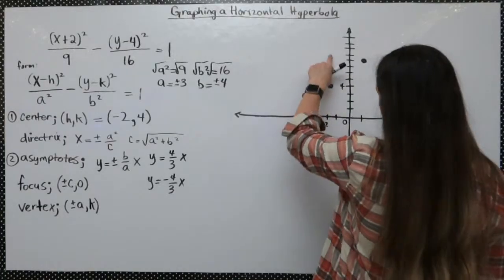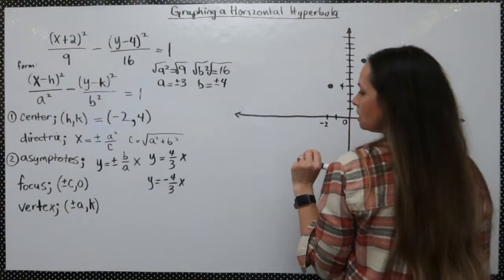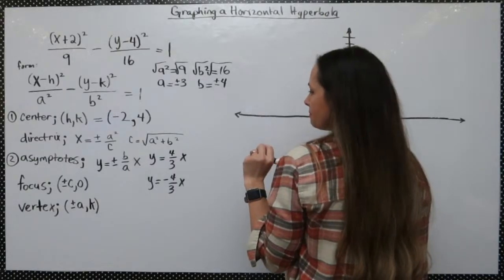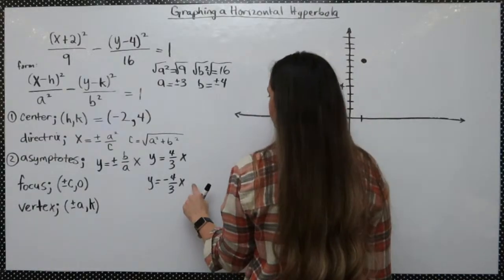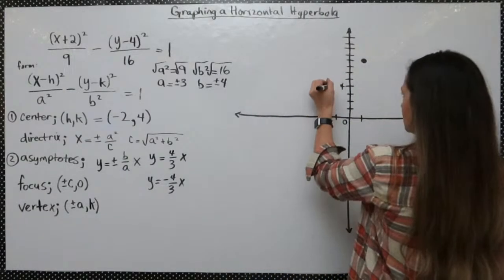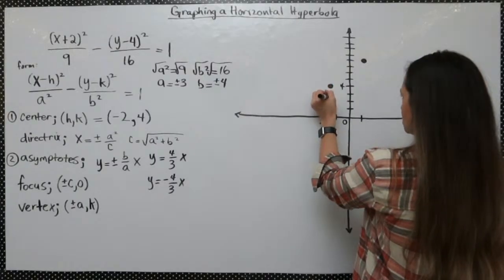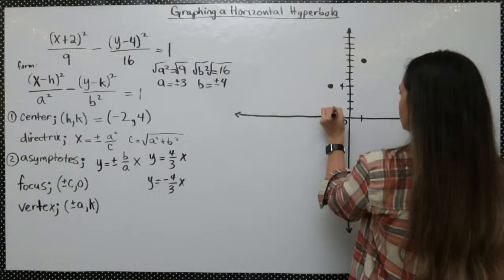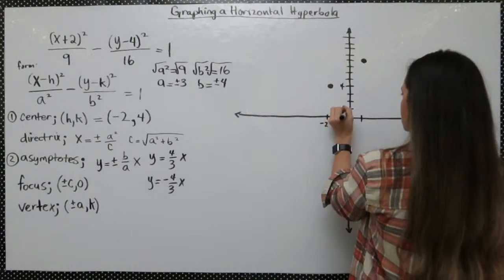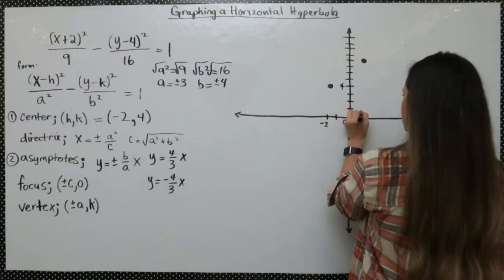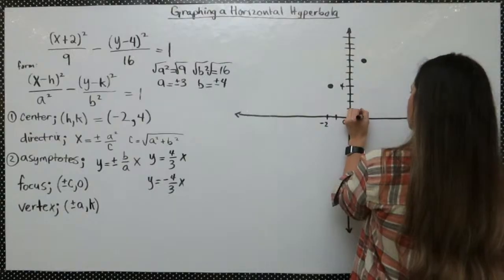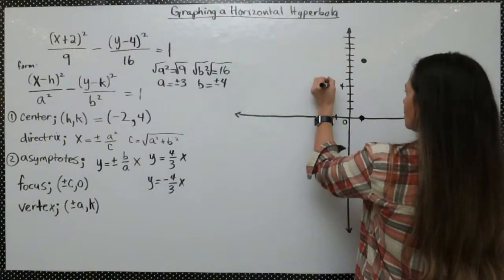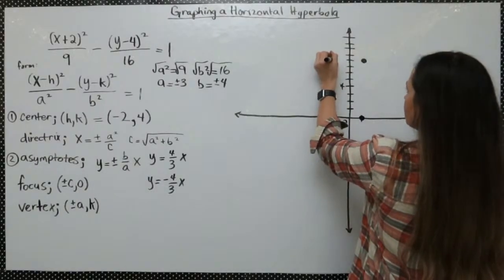I'll have to research that. We're just gonna go with it. And then we've got -4/3. So we're going down from the center. We're going 1, 2, 3, 4. And we're still going positive 1, 2, 3. So we'll be right here. And then we'll go up 1, 2, 3, 4.